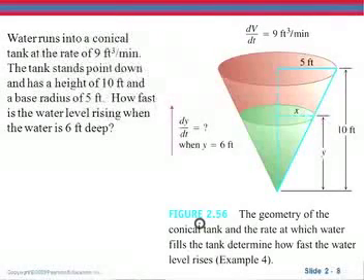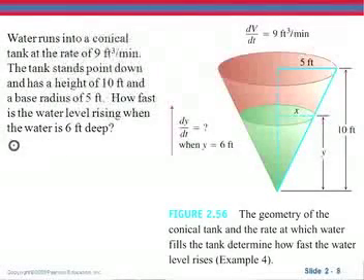So what we're asked to find is how fast the water level is rising, so that will be dy dt. And that is when the water is 6 feet deep, and that tells us we're finding dy dt when y is 6 feet. We also know that the volume is increasing at 9 cubic feet per minute. Now we need an equation that relates our x's, our y's, and our V's.